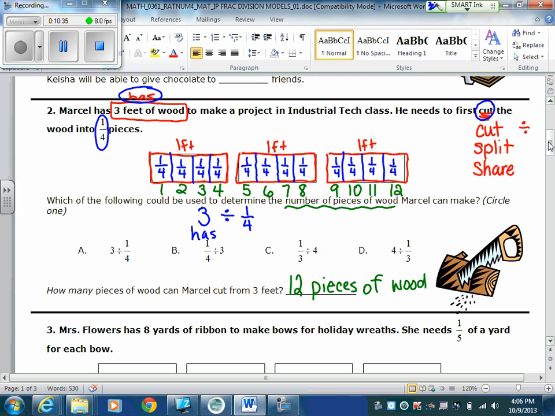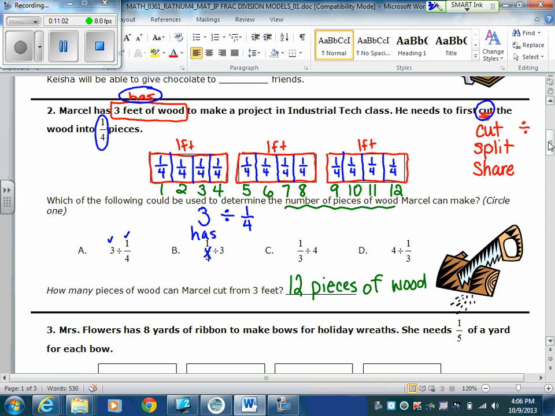And so I'm looking to match that with my answer choices. A shows he has 3. He's cutting it or splitting it into pieces that are 1/4 each. That one matches our information. B says he has 1/4 and he's cutting it up into 3s. Well, that wouldn't work. He doesn't have 1/4.